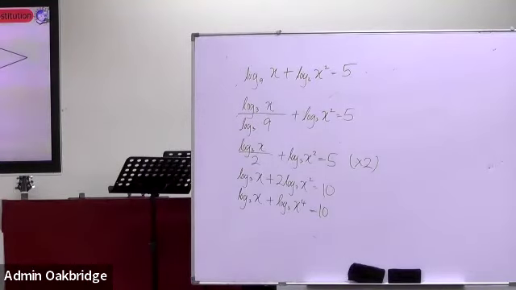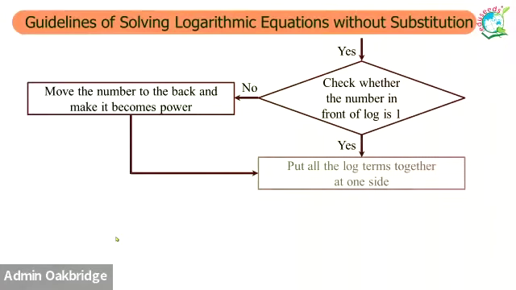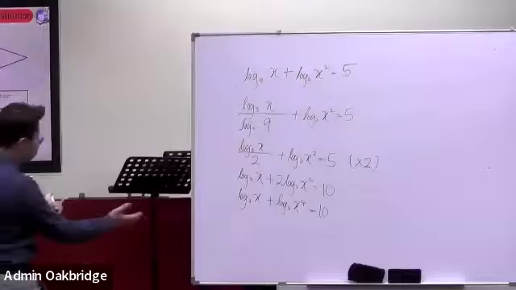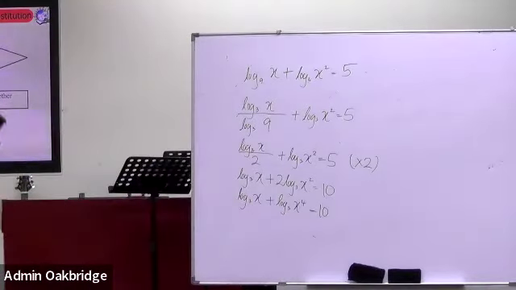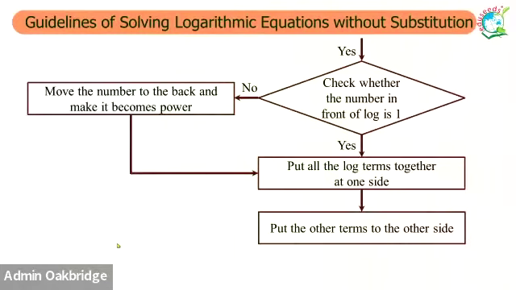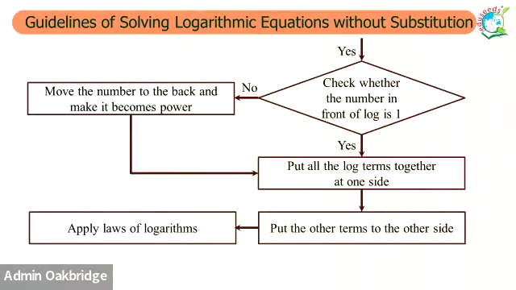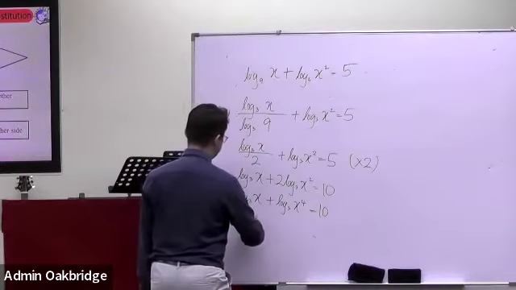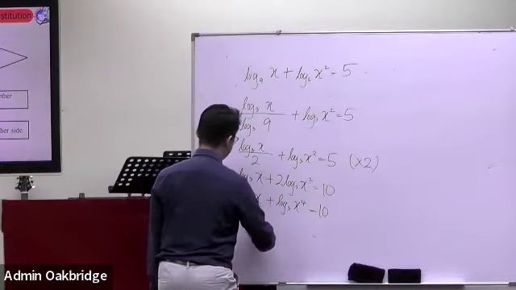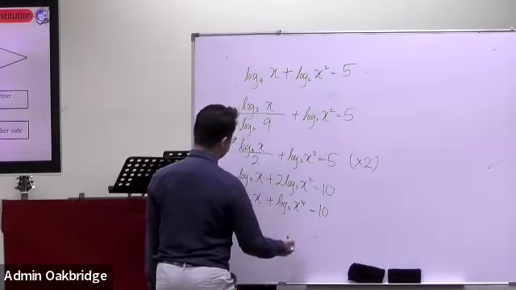And now, put all the log terms together at one side. As you can see, we only have log terms at one side. You don't need to move. And then put the other terms to the other side. Yes, we have the other term at the other side. You don't need to do anything. Then apply the laws of logarithm. This is plus, so we can change it to a single log using multiplication, right?